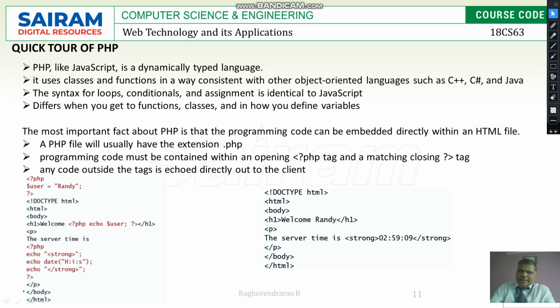Here, within the HTML, PHP is embedded using the less than question mark PHP start tag, and it displays echo $user, then a semicolon, and it ends with the question mark greater than symbol. Everything is embedded in H1. Then a paragraph with the server time, so the time is also displayed. When it is executed, it displays Randy and the time.